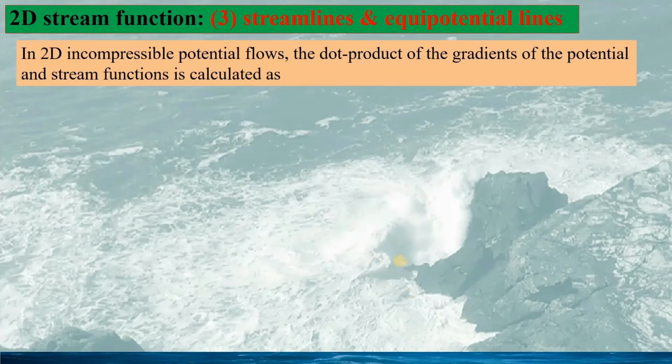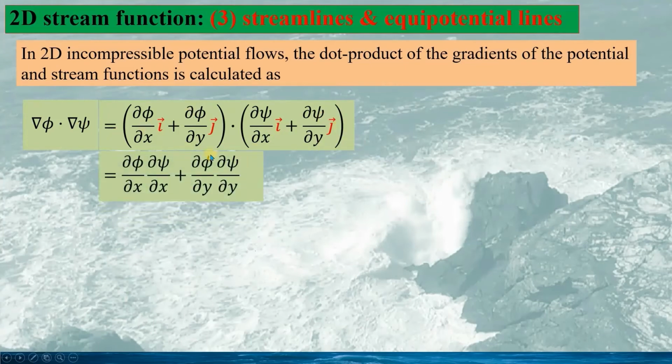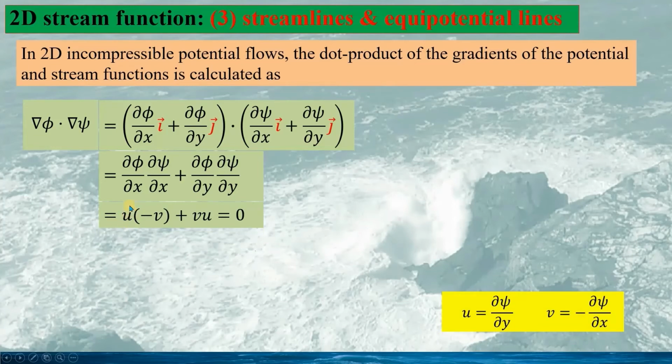Here, for the 2D incompressible potential flows, we will see the streamlines and the equipotential lines are orthogonal everywhere, since the dot product of the gradient of the potential function and the gradient of the stream function is calculated as this. This part is the gradient of the potential function phi, and this part is the gradient of the stream function psi. Multiplying these together, we can easily obtain the result as this, using the velocity components.